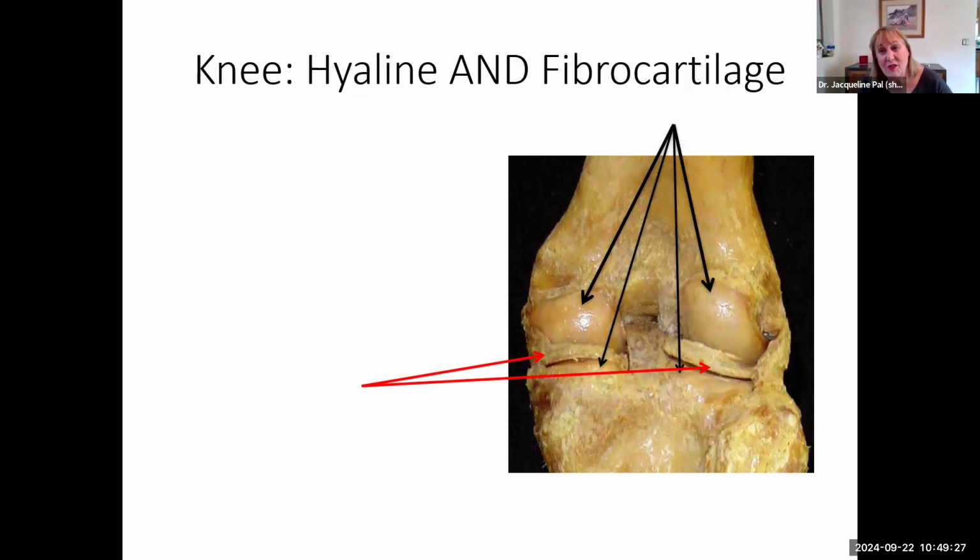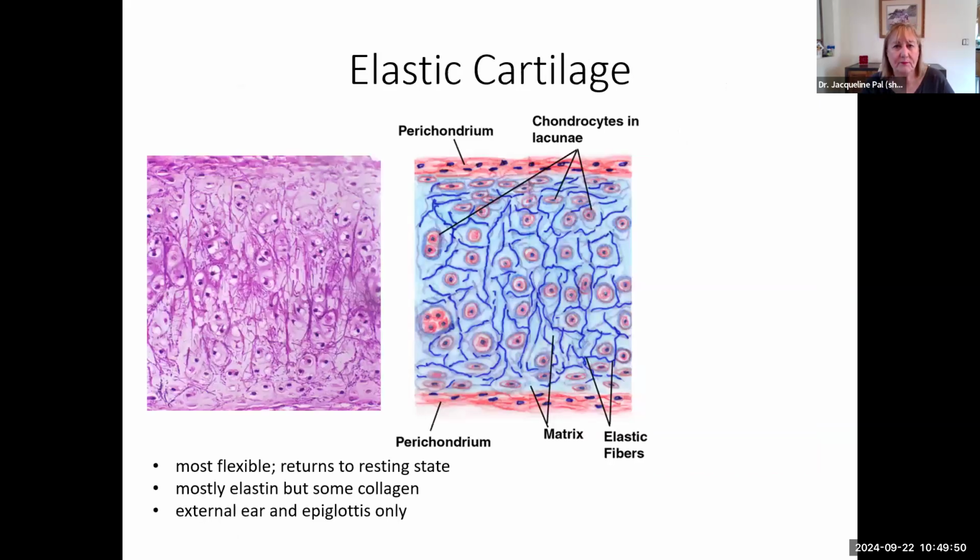Because when you don't understand something and something doesn't look right to you, you need to be asking questions. What it is, is the lateral meniscus and the medial meniscus over here. And yes, it's common for the medial meniscus to be worn down and thinner than the lateral meniscus. Wear and tear on the medial meniscus.